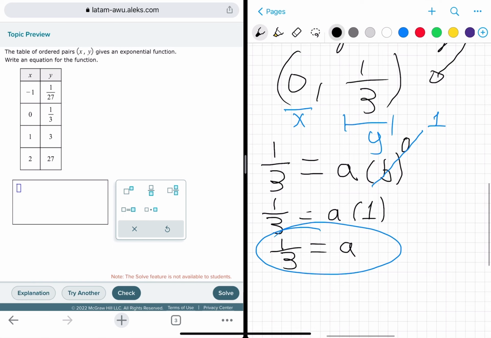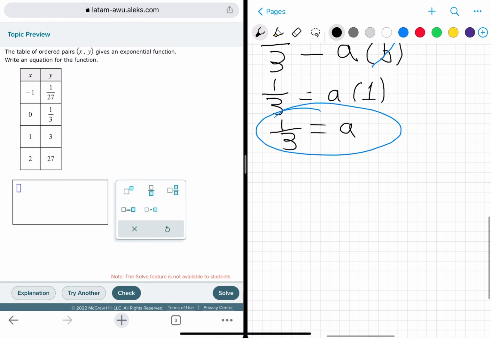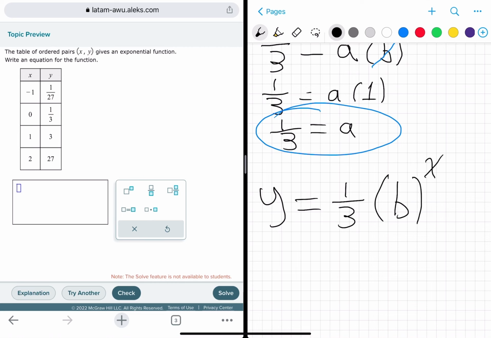Now it's easier, right? Because I already know that my function is going to look something like y equals 1/3, which is a, I just found it, times b to the x. Now I only need to find the value of b. This is just an equation of one unknown value. To solve this equation, I can take any point of the table that we are given.